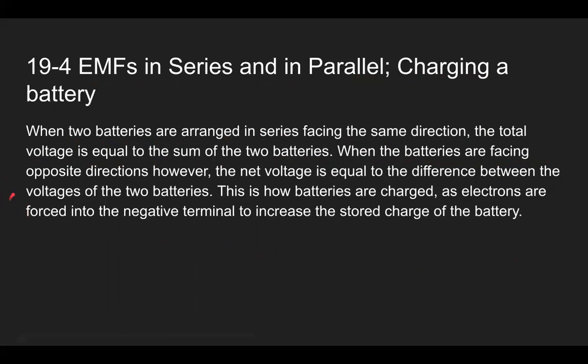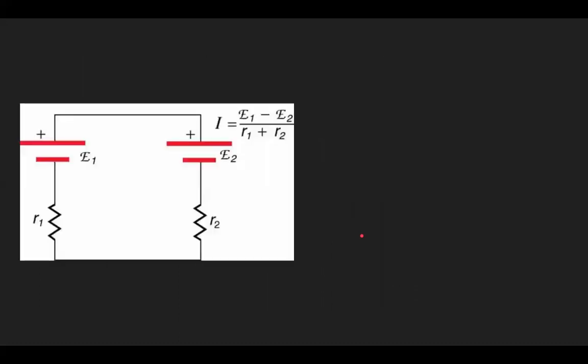But when they're facing opposite directions, the currents oppose each other, and the bigger battery wins out, so the voltage is the voltage of the larger battery minus the voltage of the smaller battery. You can also use this to charge batteries. If you have an empty battery and you force electrons into the negative terminal, you can increase the charge of the battery.